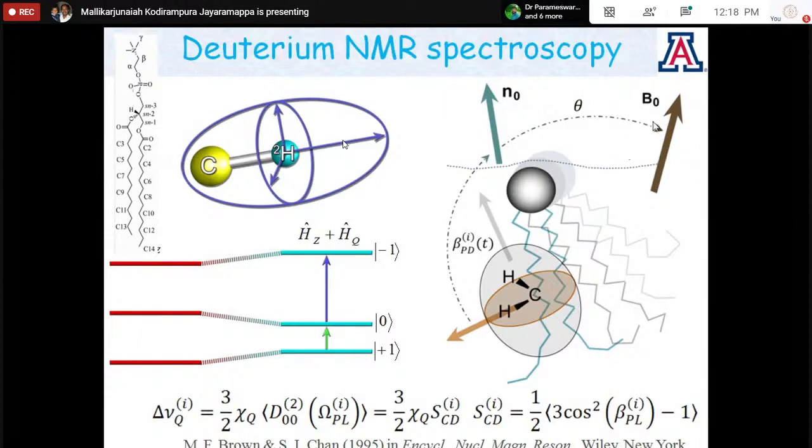We can decompose these motions independently, where L represents the laboratory frame and P represents the principal axis system for a carbon-deuterium bond. This entire motion we can measure as a function of delta nu q, and that is related to one parameter, SCD. We will talk about it in the next slide.